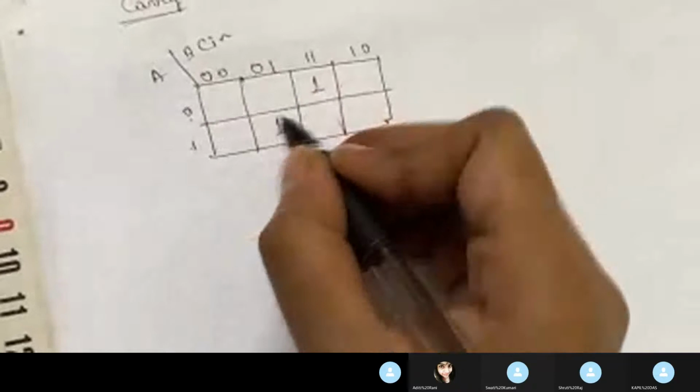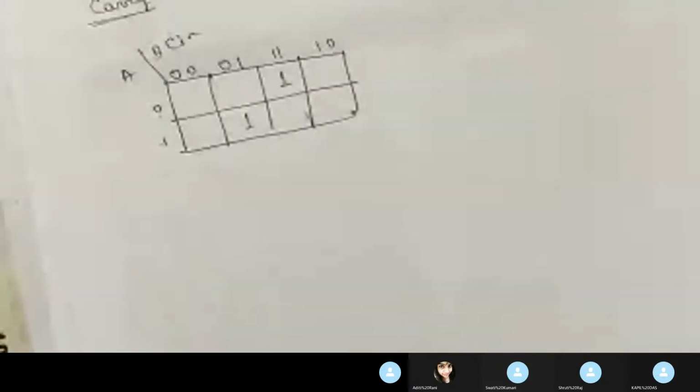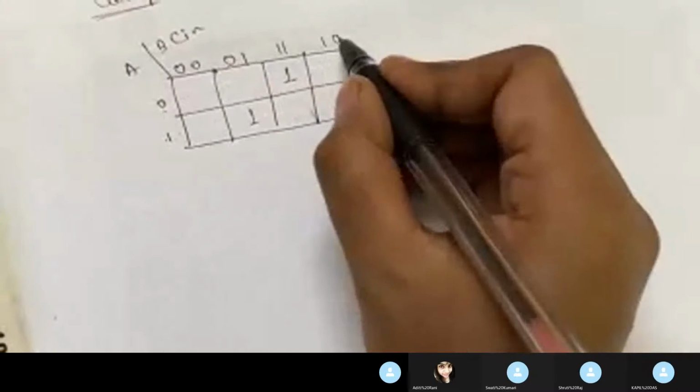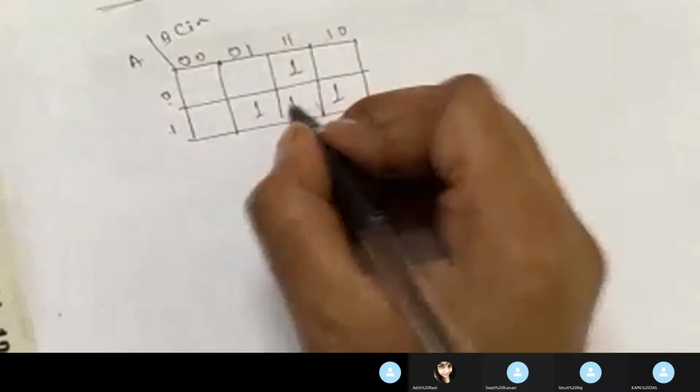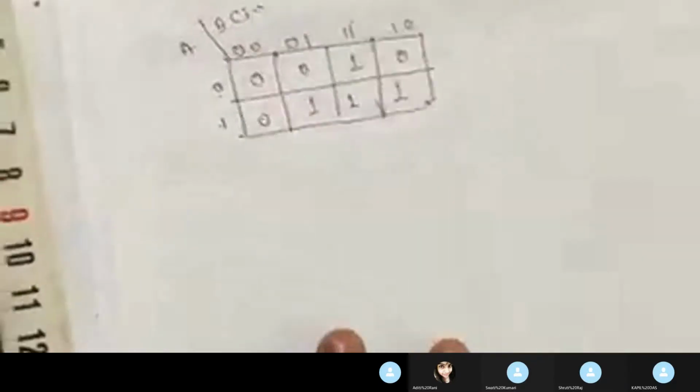Next 1 0 1 पे 1 है. Next 1 1 0 पे यहाँ पे 1 है. Next 1 1 1 पे 1 है. And for the rest it is 0.